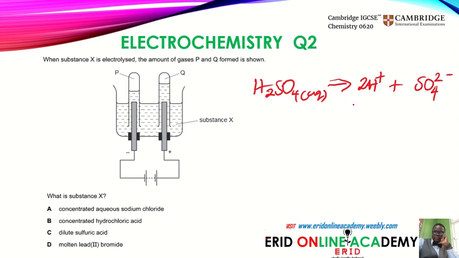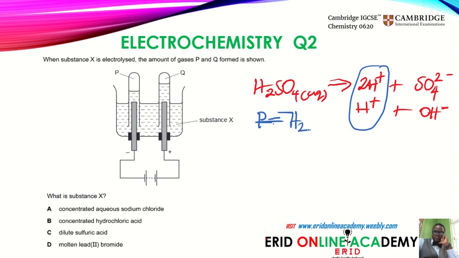So in this case too, because it's aqueous, you have hydrogen ion from water and hydroxide ion from water. Just as we have done before, only one gas could have been produced here, because hydrogen has no competition, it's hydrogen that will be discharged. So we are arriving at the fact that P is hydrogen gas.